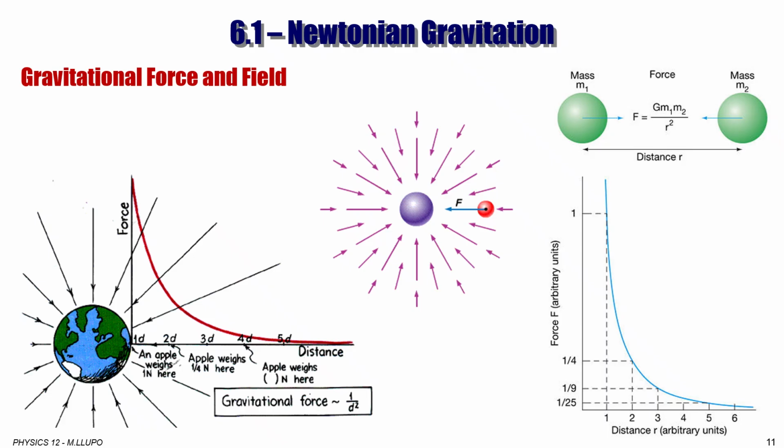If you look at a diagram that shows the field vectors, and field is a vector quantity as well, those are directed toward the center of that mass as well, so the field and force directions match.